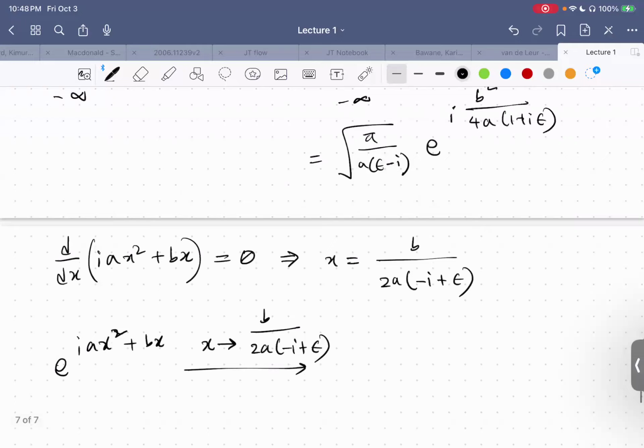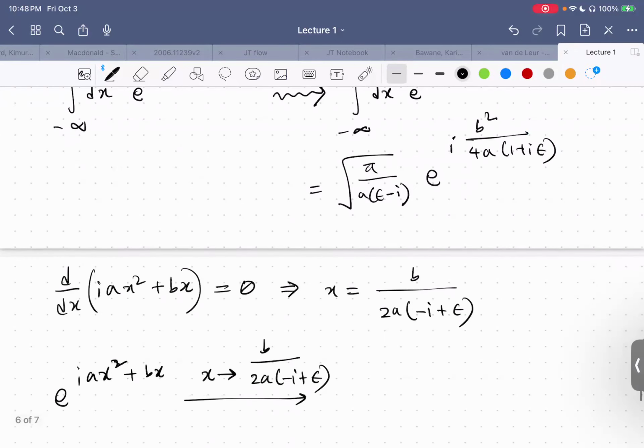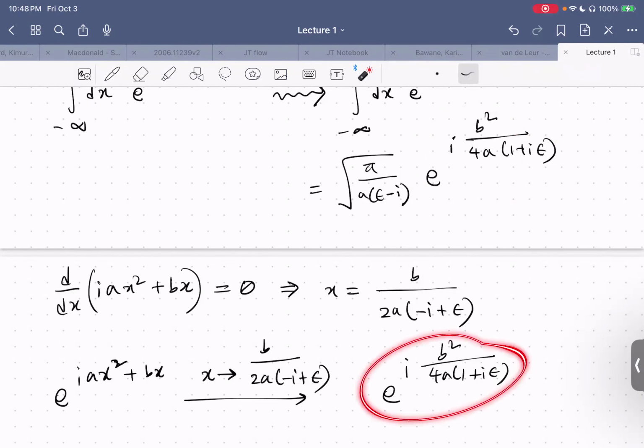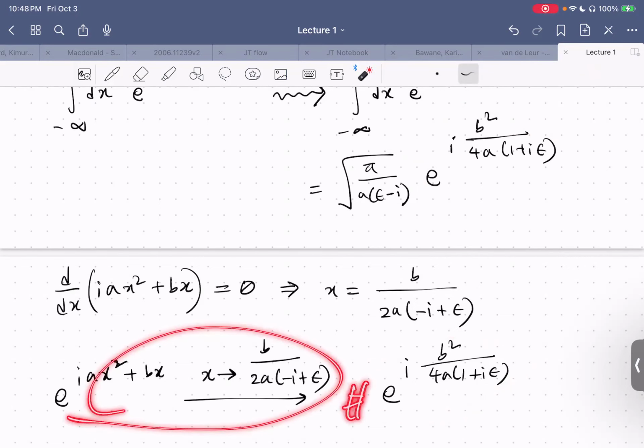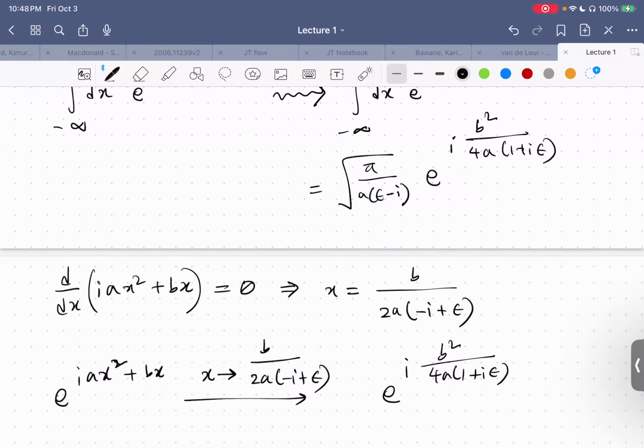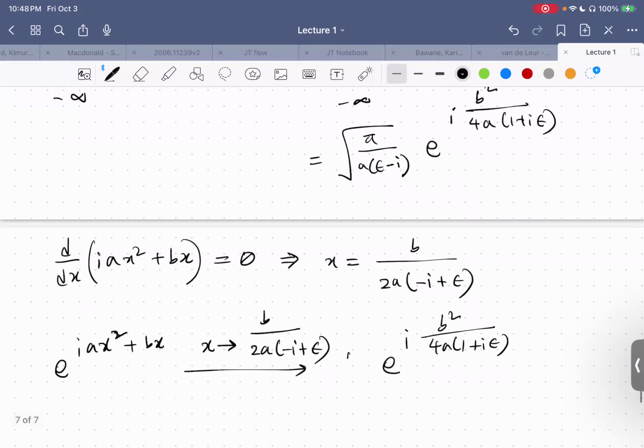And what you will find is exactly the part of the integral that we care about. So this is the same as this. Of course, this process does not tell you what this number is. That you have to figure out somehow.